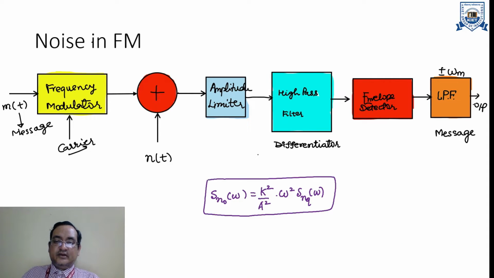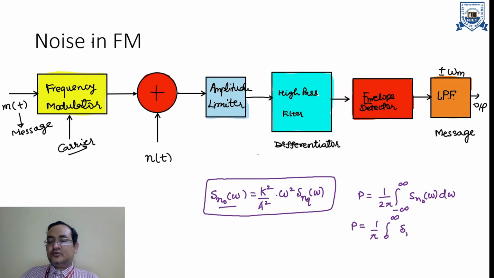As you know, when we have S_no, that means power is equal to 1 upon 2 pi integral from minus infinity to plus infinity of S_no(omega) d omega. I can also write it as 1 upon pi integral from 0 to infinity of S_no(omega) d omega. So it is clear that I can calculate the value of the power for this expression with the help of this formula.